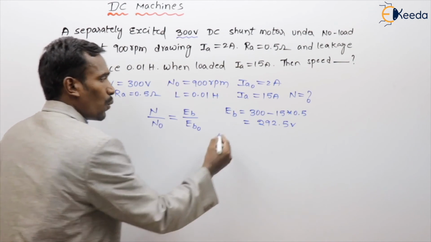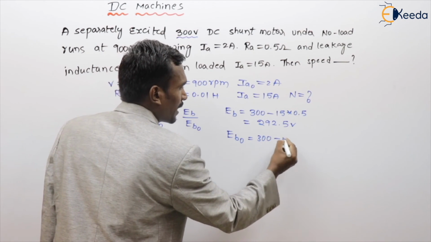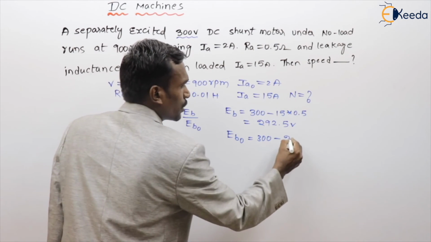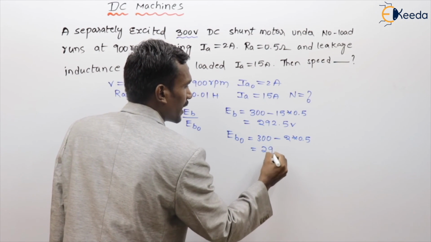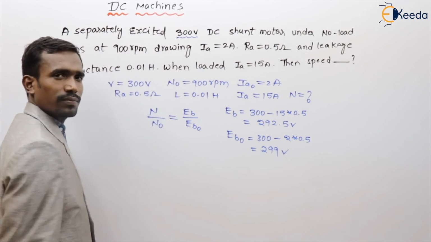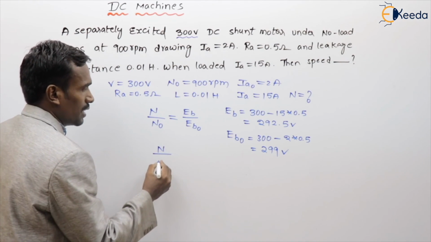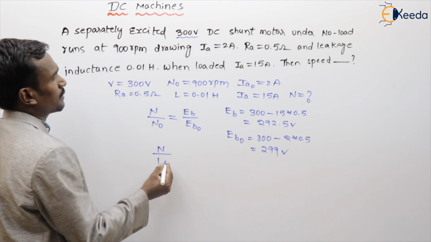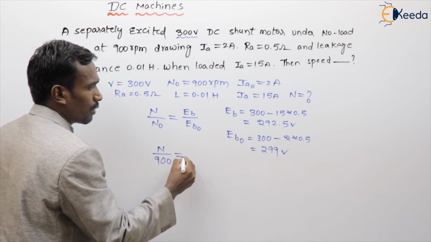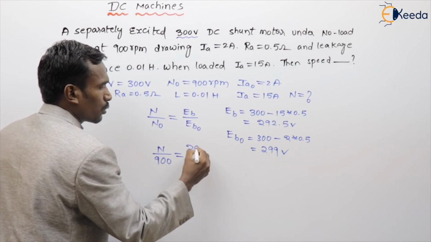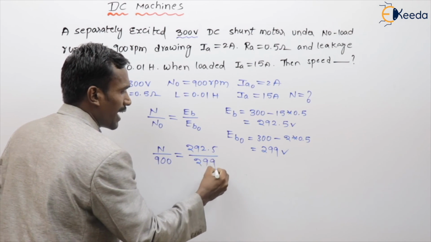Right? What is EB naught? EB naught is equal to 300 minus IARA, 2 into 0.5, so 299 volts. Now tell me what is the answer? N divided by the speed under no load condition, 900, is equal to EB 292.5 divided by 299.